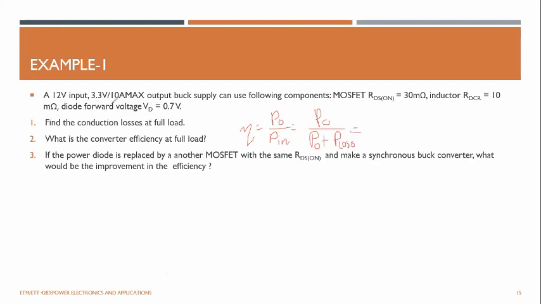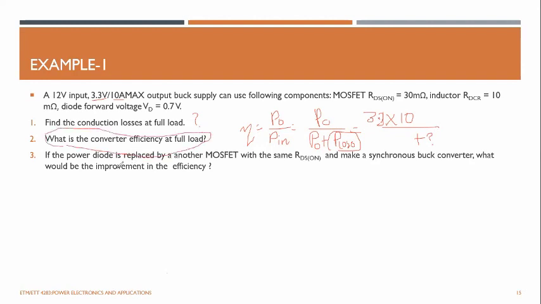So output power is simply 3.3 into 10 amps, and that is added to the power loss that you have calculated here. So you can substitute and find the efficiency of the converter, right?